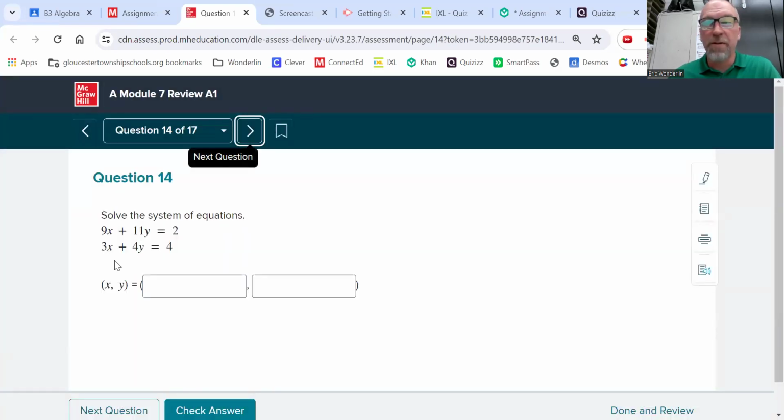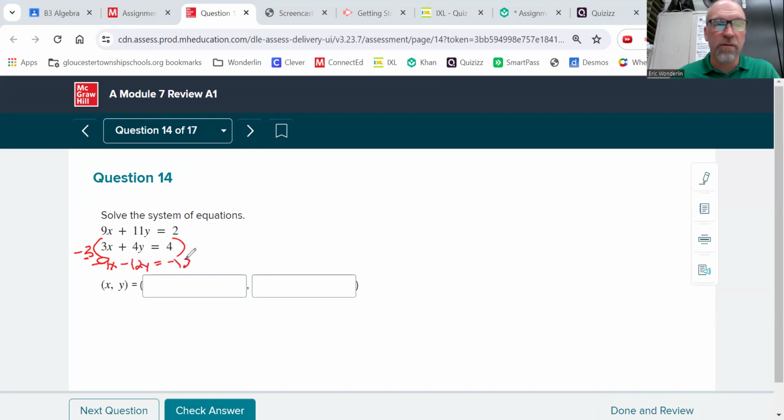Solve. Any method you want. Standard form, standard form. Couldn't be set up much better for elimination. Just have to multiply. 4 doesn't become 11, but 3 becomes 9. I'll multiply this by negative 3, though, because now I'll have opposite signs. So this is negative 9x, negative 12y, and negative 12.